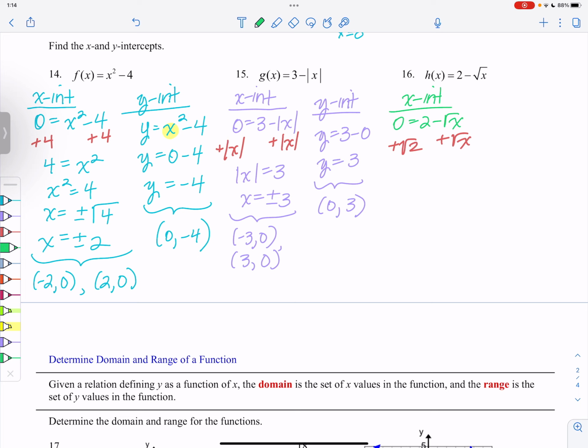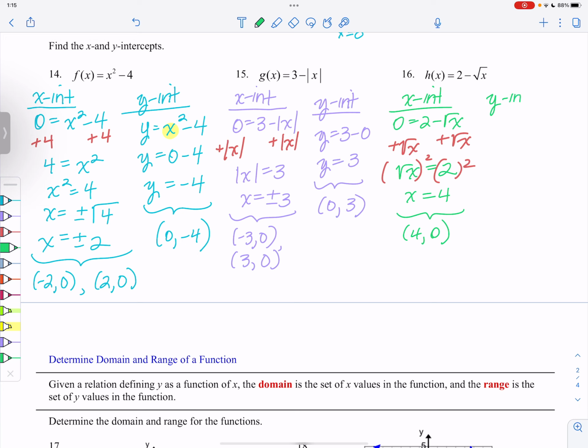And so we'll have the square root of x is equal to 2. And now when we have the square root of x equal to 2, we will square both sides, and we will have x is equal to 4. So now we have 4, 0 as a point on the graph.